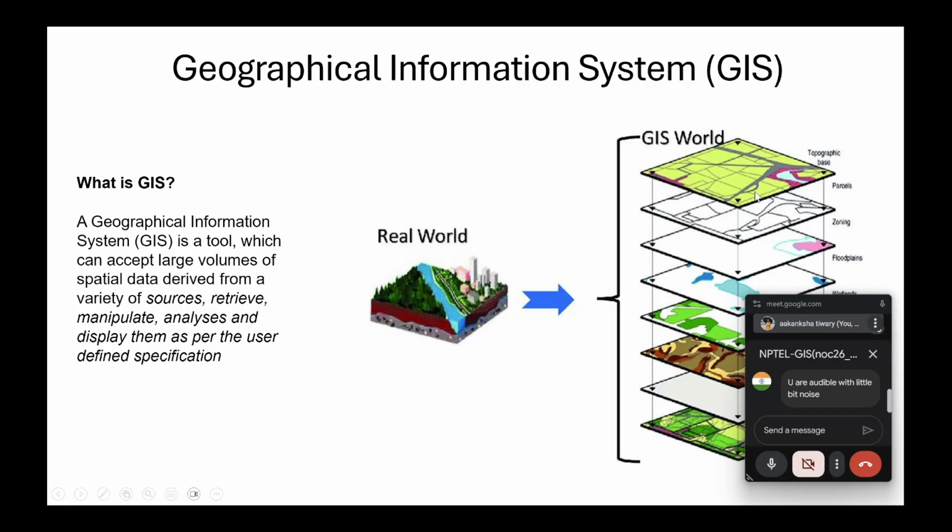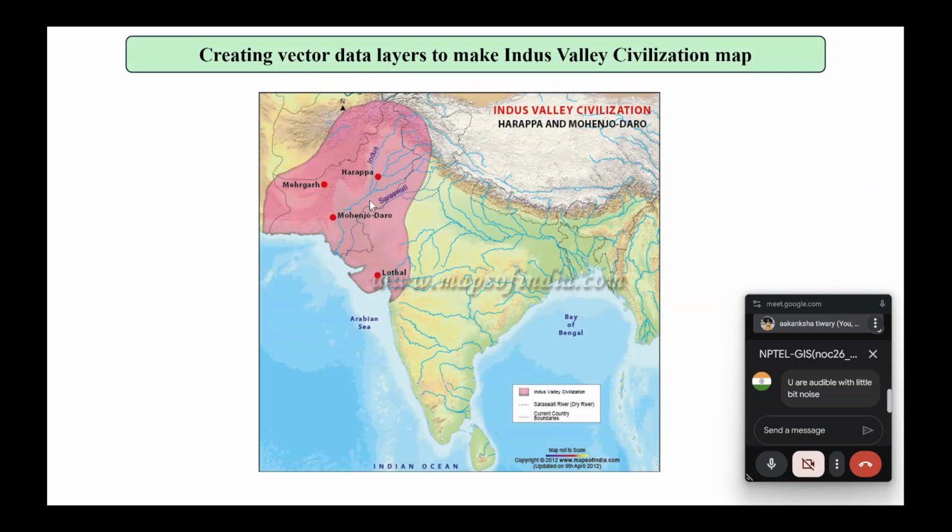This GIS layer is a simplified layer of the real world, and it contains the information that we are interested in. So if you are interested in floodplains, then from the real world we will extract the information about the floodplains.